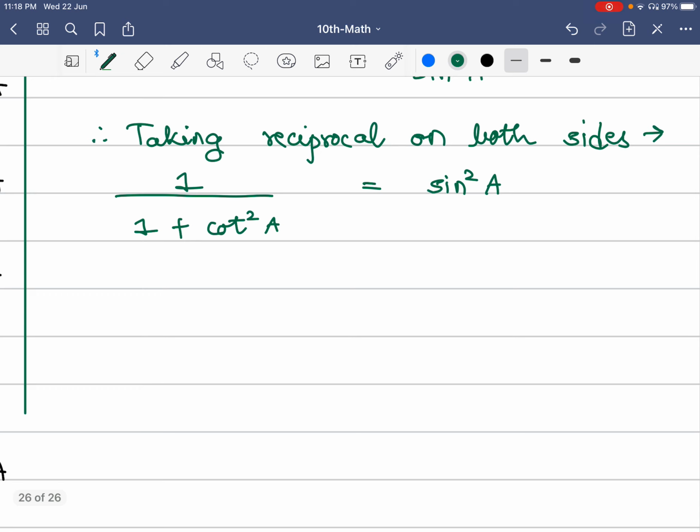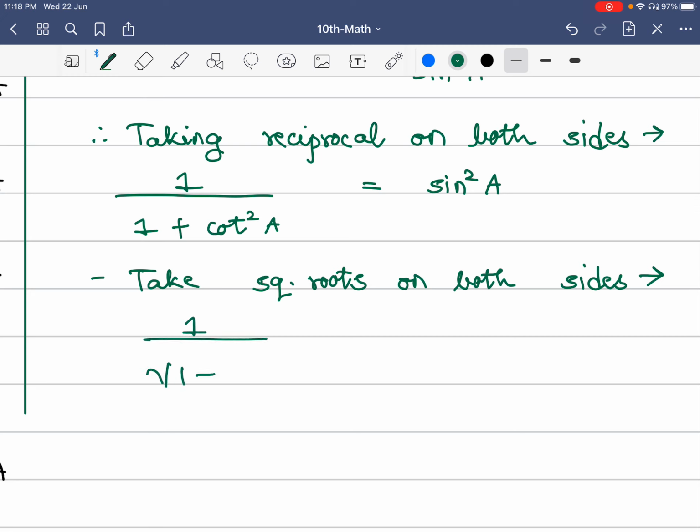We have to just take square roots. Taking square roots on both the sides of the equation, we get, so square root of 1 is 1, and this square root is 1 plus cot square A, and this will be equal to sine of A. Thus, sine of A is now expressed in terms of cot A.